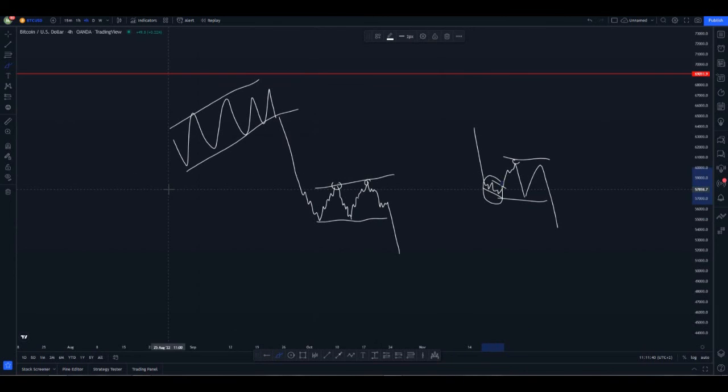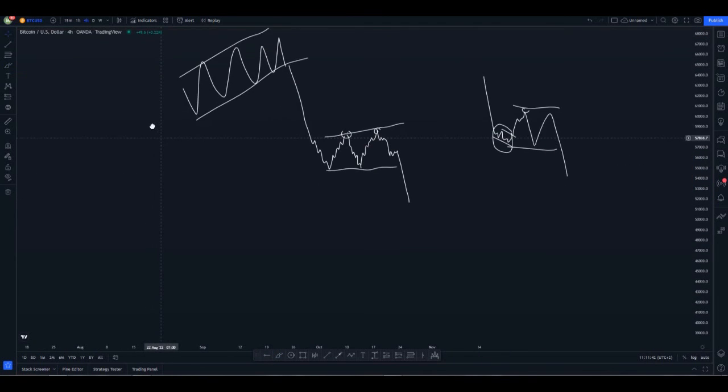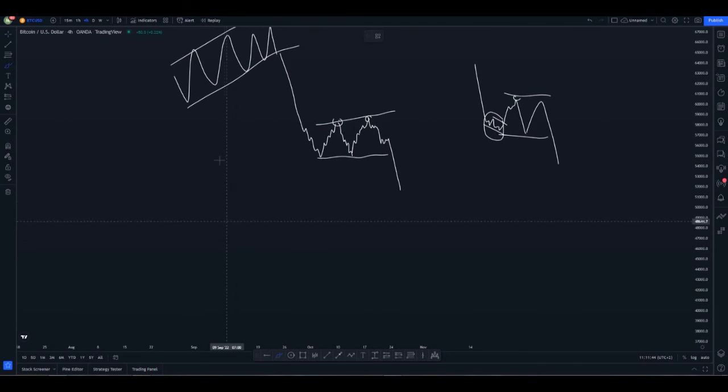But if it forms like this, we have that push down, and then we have this type of reversal, right? But it has structure to it. Then we can say, okay, now the market has really given us something that we might change direction.